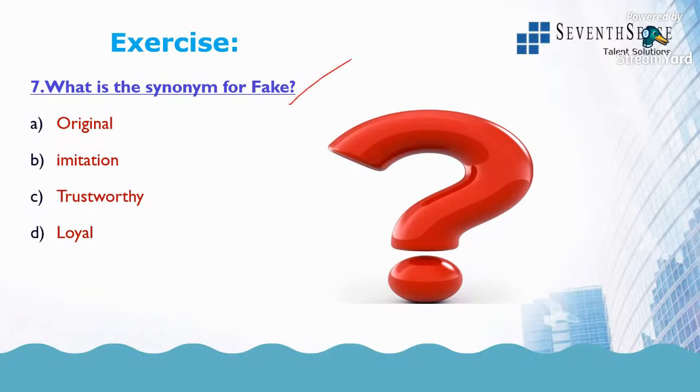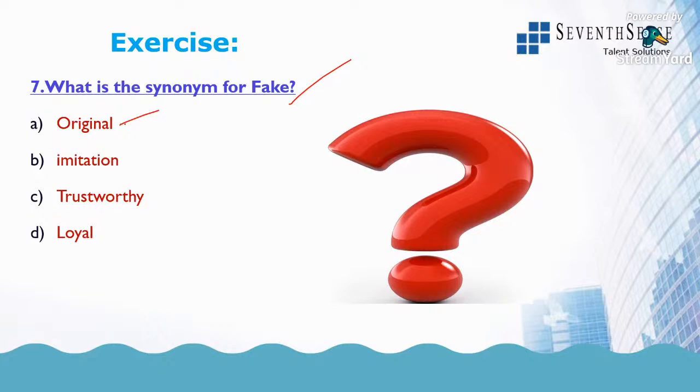What is the synonym of fake? Some fake persons are there. Here, original won't be the answer. Original is always a trustworthy person. We can see his behavior in the way he does things, and we can see it in his face also.